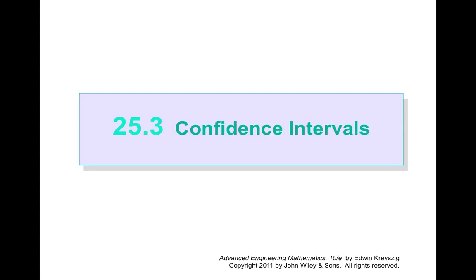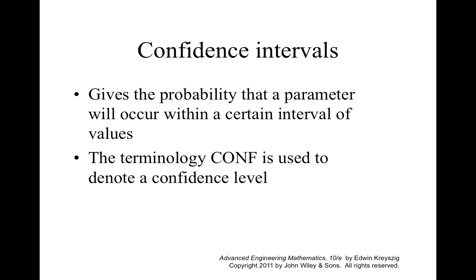So let's discuss for a moment the concept of confidence intervals. A confidence interval gives you the probability that a parameter will occur within a certain interval of values. So let's say I want to know whether or not your test grade will occur in the interval between 90 and 100.